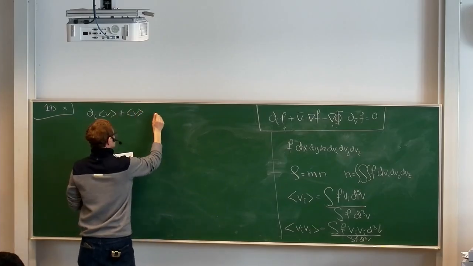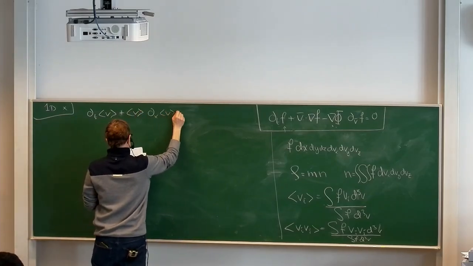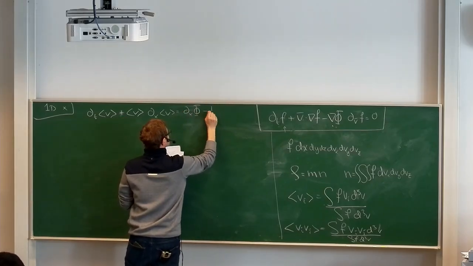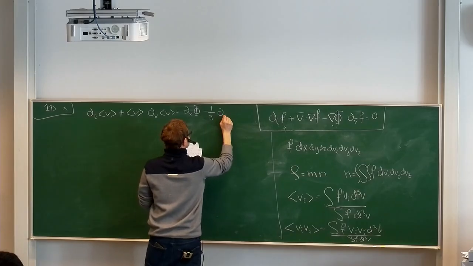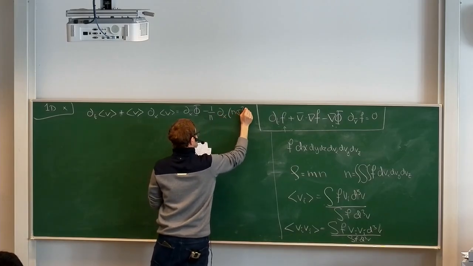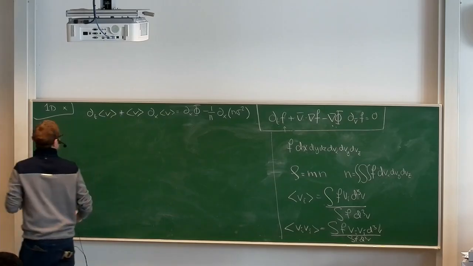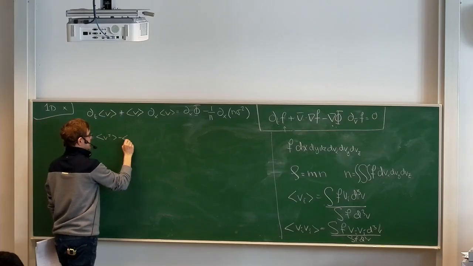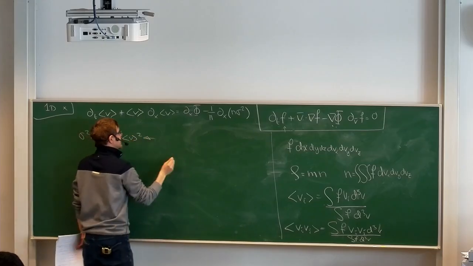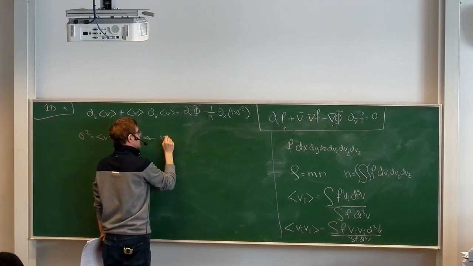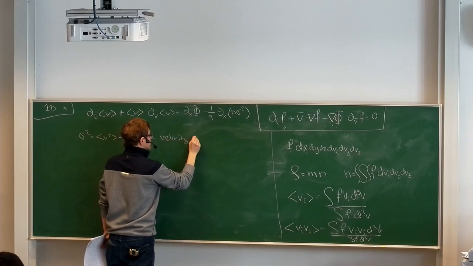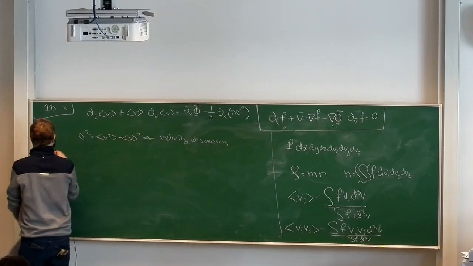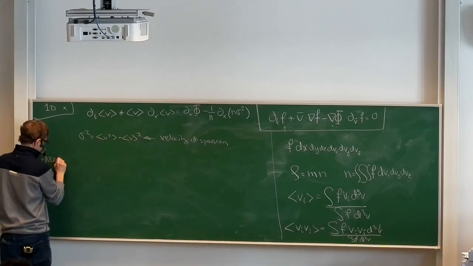Plus v dv/dx equals minus dPhi/dx of the gravitational potential, minus 1 over n d/dx of n sigma squared, where sigma squared is the mean of v squared minus the mean of v, squared, and that is the one-dimensional velocity dispersion.